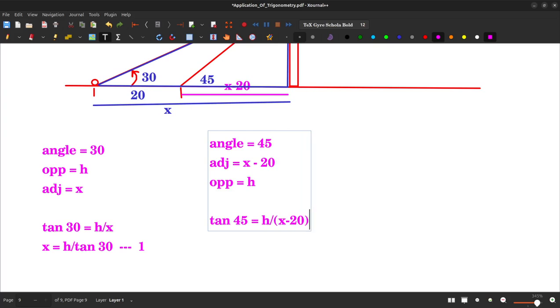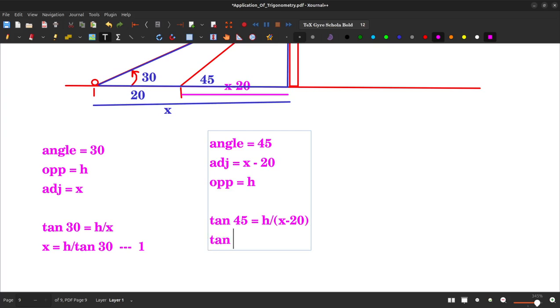Now from there, let's try to substitute here. We need to substitute equation 1 into this one.